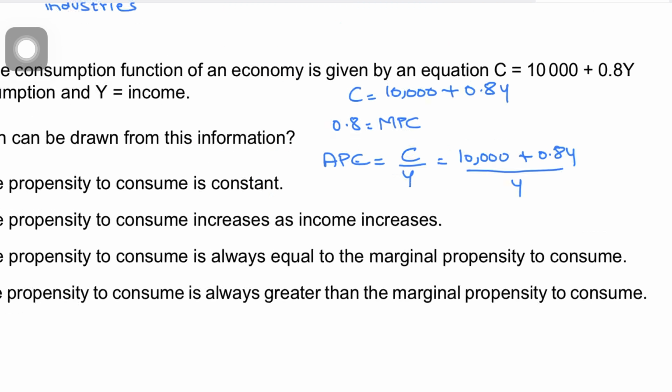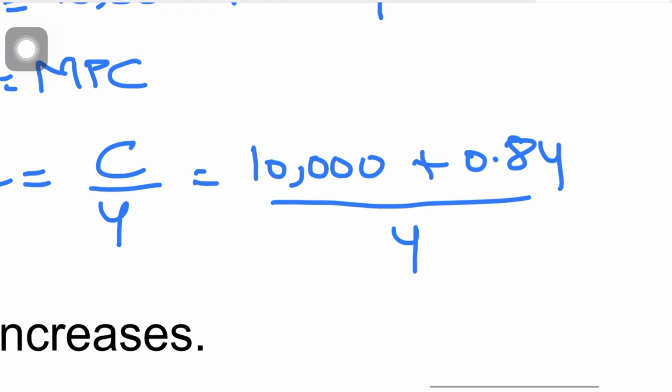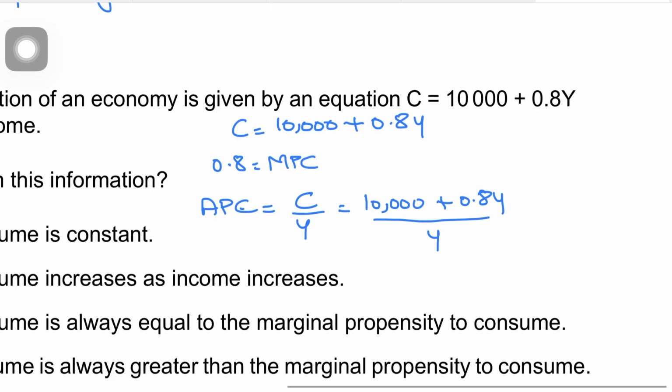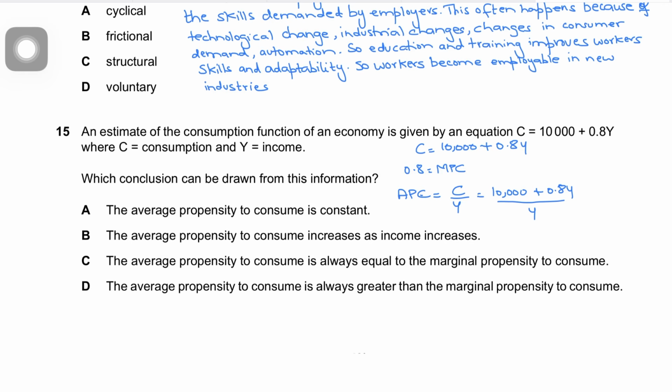So APC would equal C over Y, that is 10,000 autonomous consumption plus 0.8Y, which is induced consumption, divided by your total income. And this means that APC will always be greater than MPC, because the extra 10,000 raises the average consumption above 0.8. So the correct answer has to be D. The average propensity to consume is greater than the marginal propensity to consume, and the others are wrong.